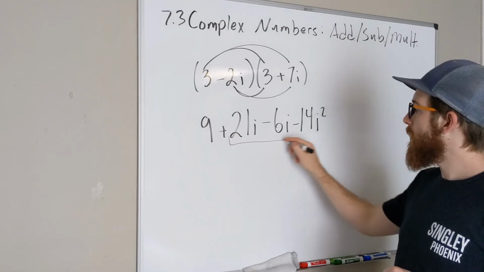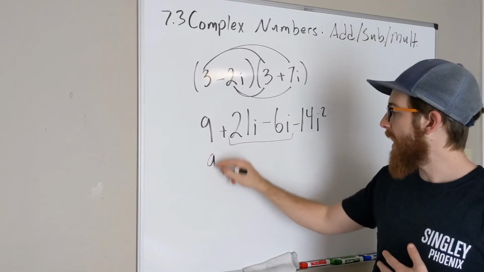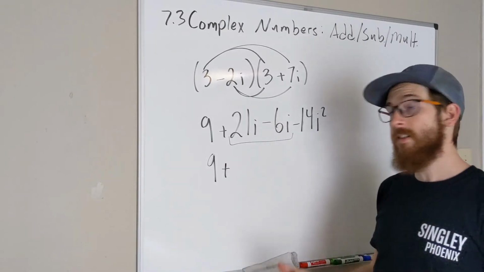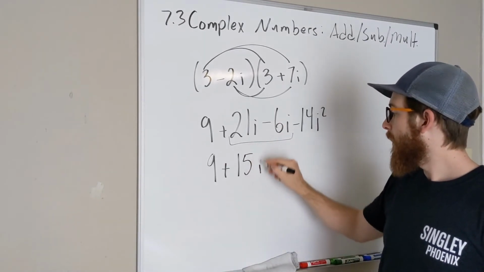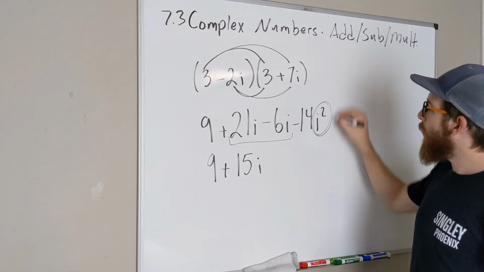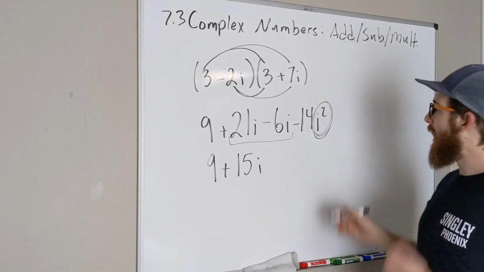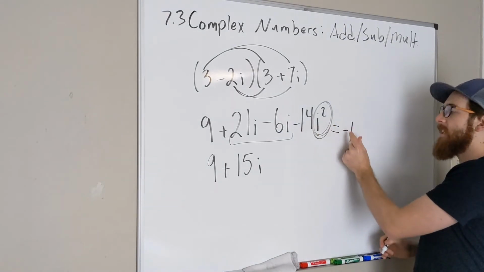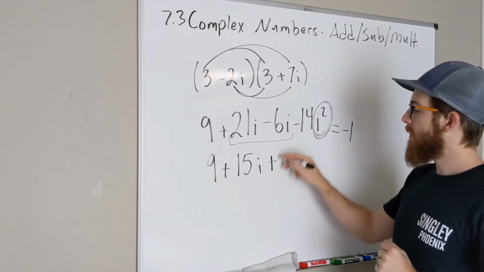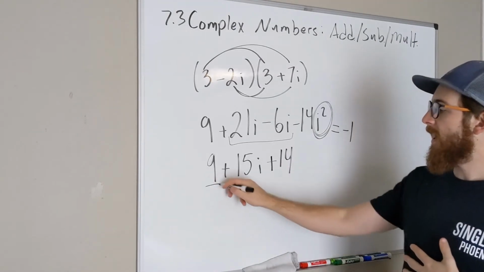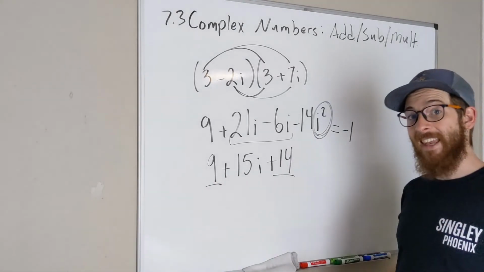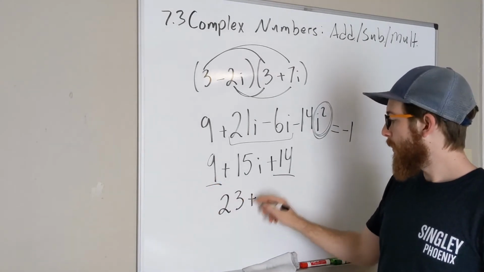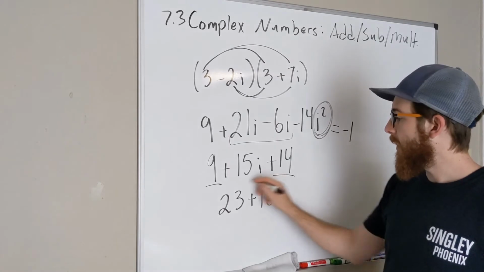So these two pieces are going to combine, and we get 9 plus what? 21 minus 6 is 15. Now, what is i squared? Remember this. i squared is always negative 1. So what's negative 14 times negative 1? Positive 14. Now I have like terms again here. So that would be 23 plus 15i.